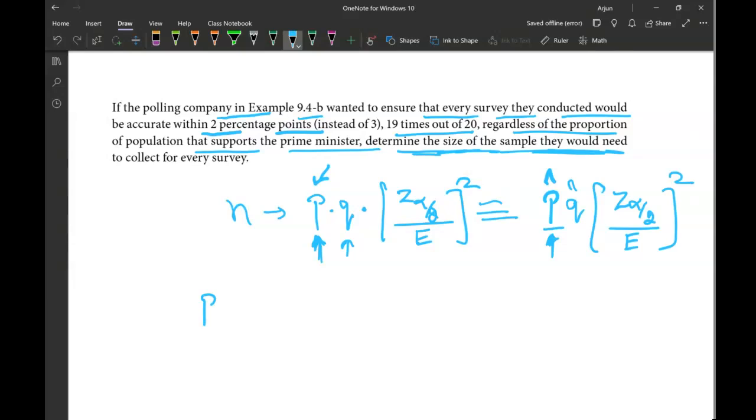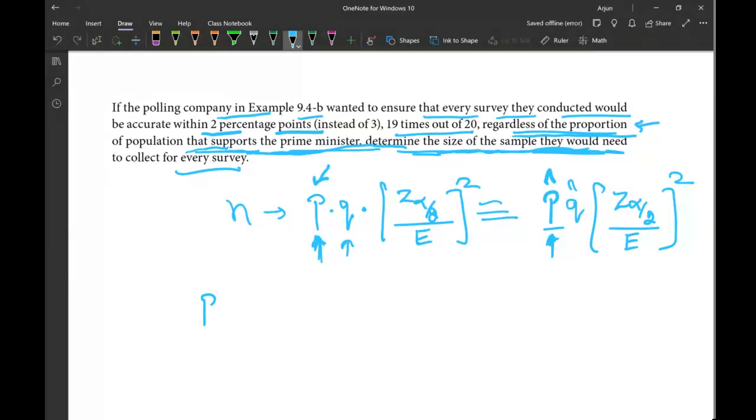So what can I do with this? I'm confused now. So let's see. It is regardless of the proportion of the population that supports the prime minister, determine the size of the sample needed to collect the survey. Now, in this kind of a question, if you are not given the value, you can make an assumption that either they're going to like him or they're not going to like him.